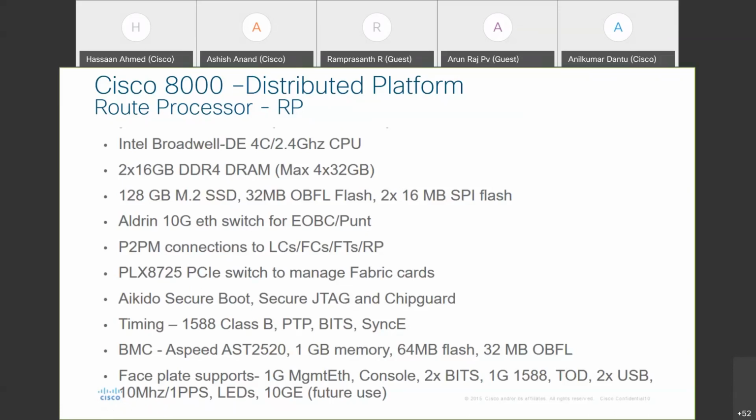So the fabric cards are connected to the RP CPU using the PCI connection. There is a PCI switch which connects the fabric cards. So the NPUs on the fabric card will get programmed directly by the RP CPU. Plus it supports secure boot and chip guard and those stuff. Plus it has a BMC interface on the RP.